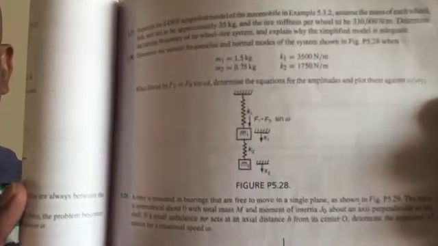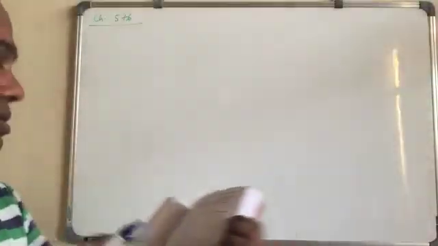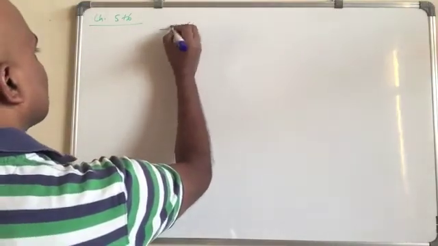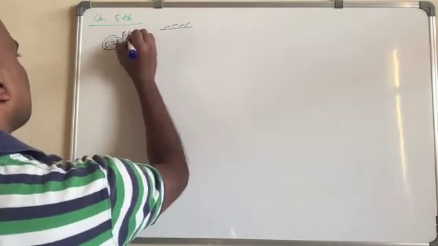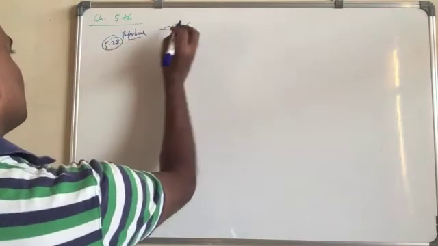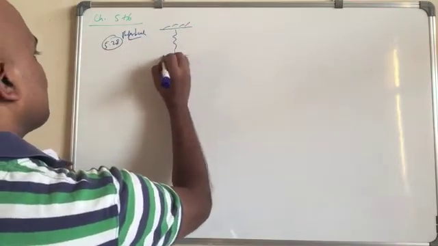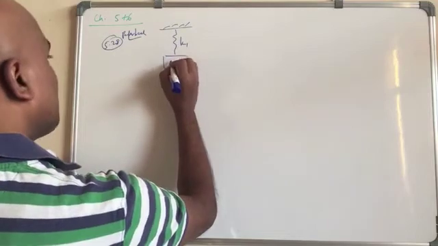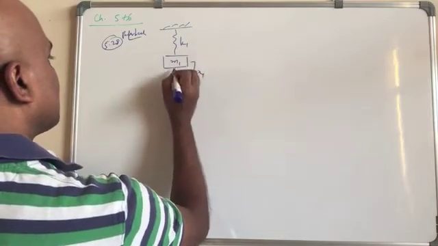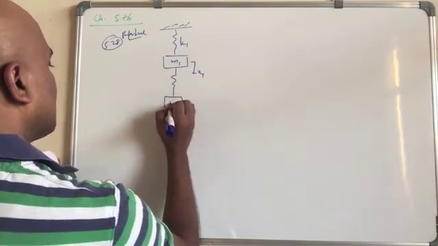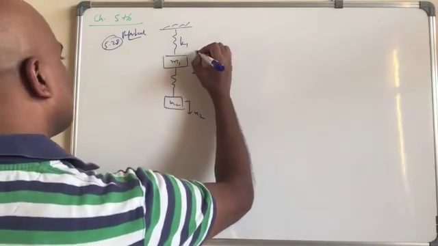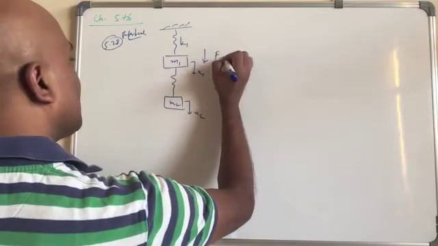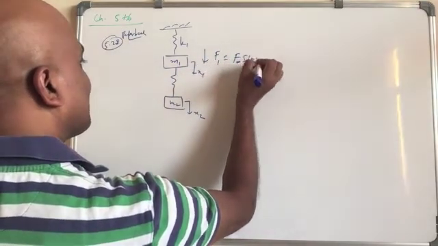This question is again from your book only. This was 5.28 from the paperback. You have a system with k1, m1, this is x1, then m2 here, x2, and there is a force given here, F1 equal to F0 sine omega t.